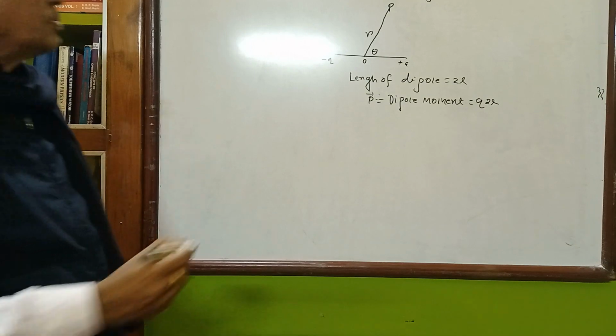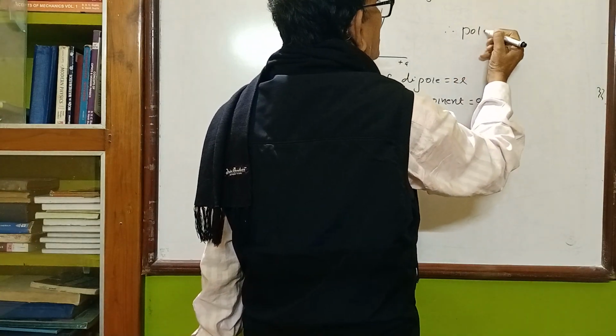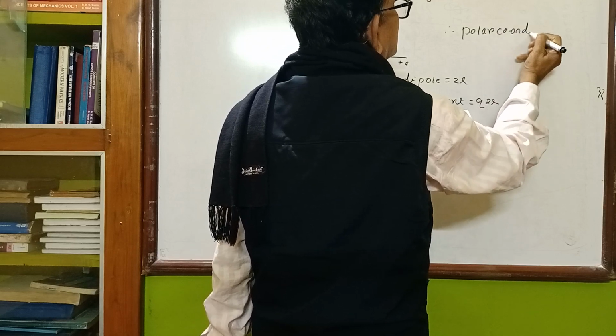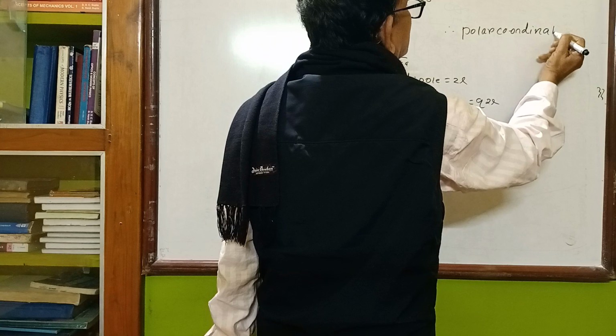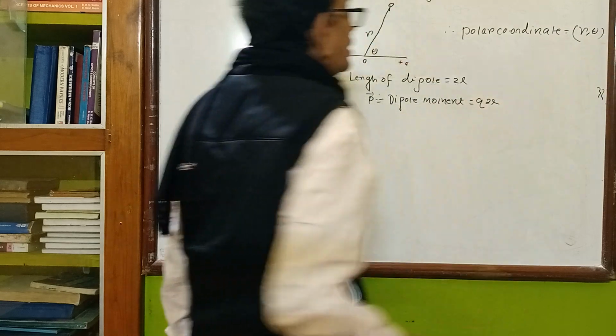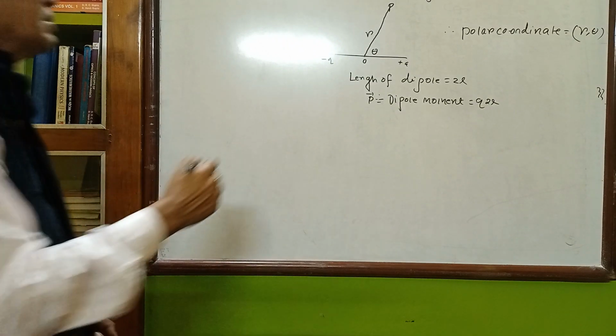Clear? Now the polar coordinate of P is equal to r, theta. Now we try to calculate the potential for the dipole at the point P.